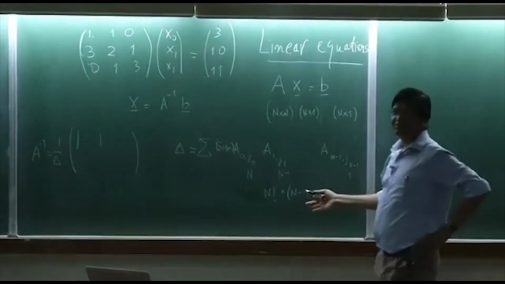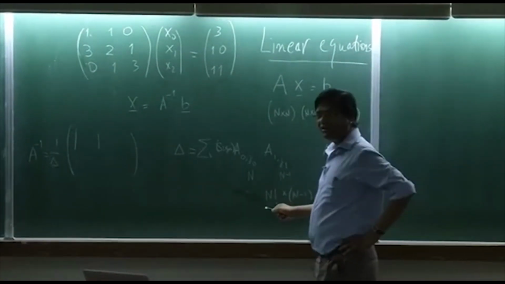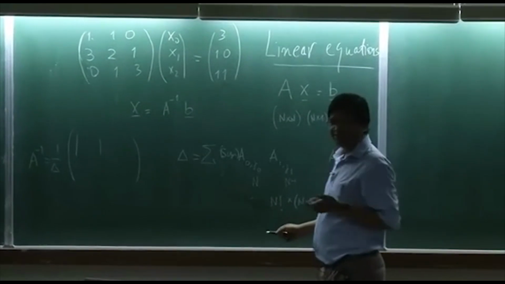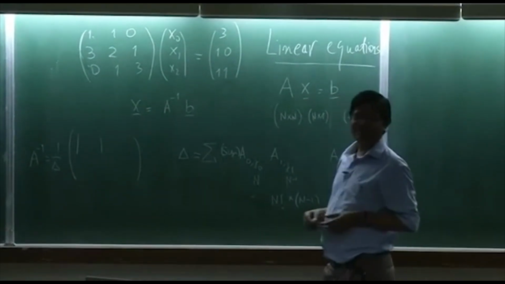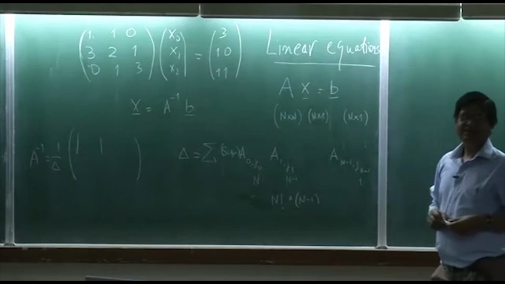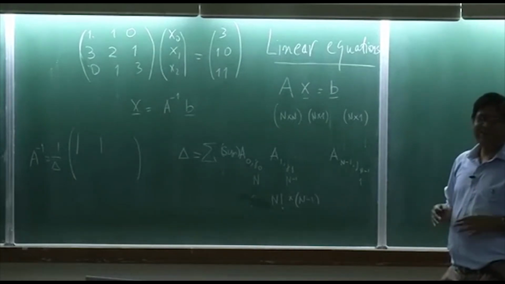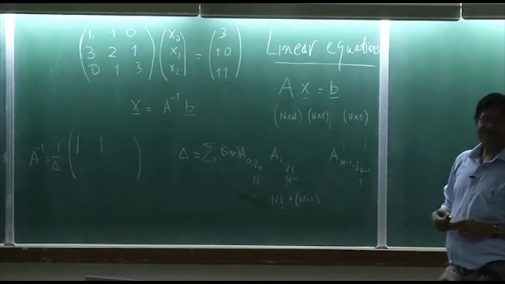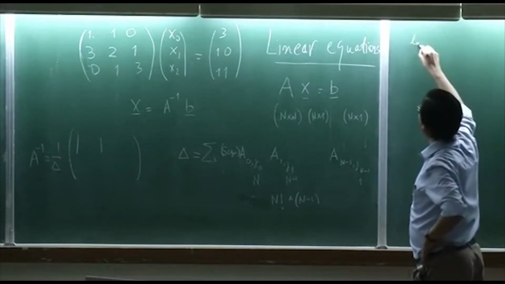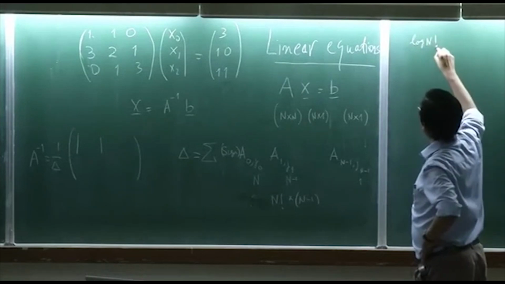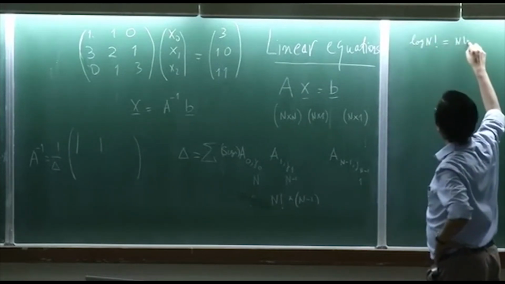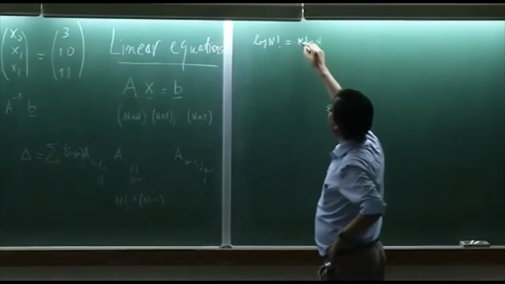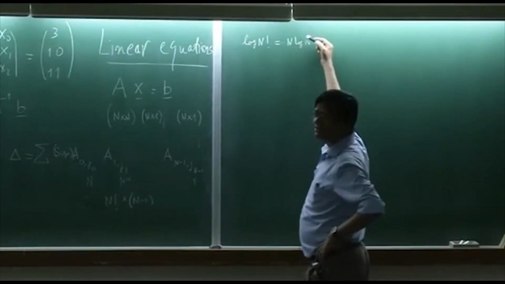Now this is very expensive. What is n factorial roughly? How do you estimate n factorial? Is it exponential or power law? N squared? No. So what is the Stirling formula? These are very important, okay. It is n log n, right? Some factor plus n log n.